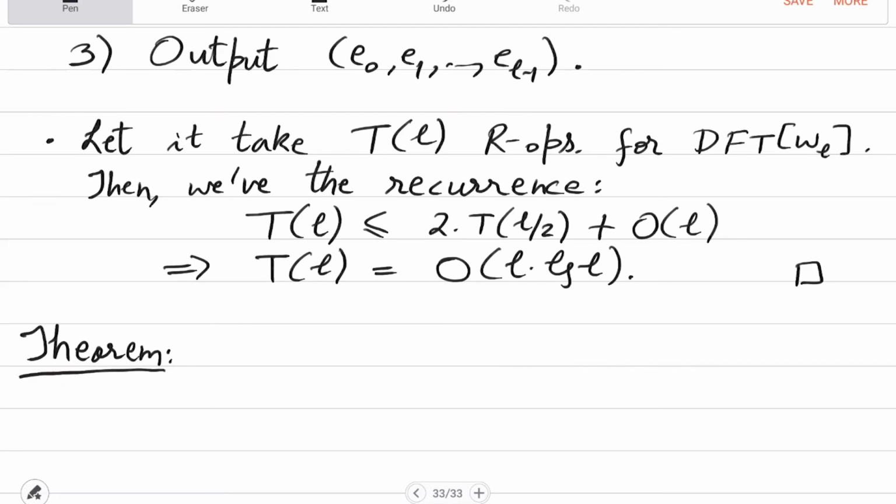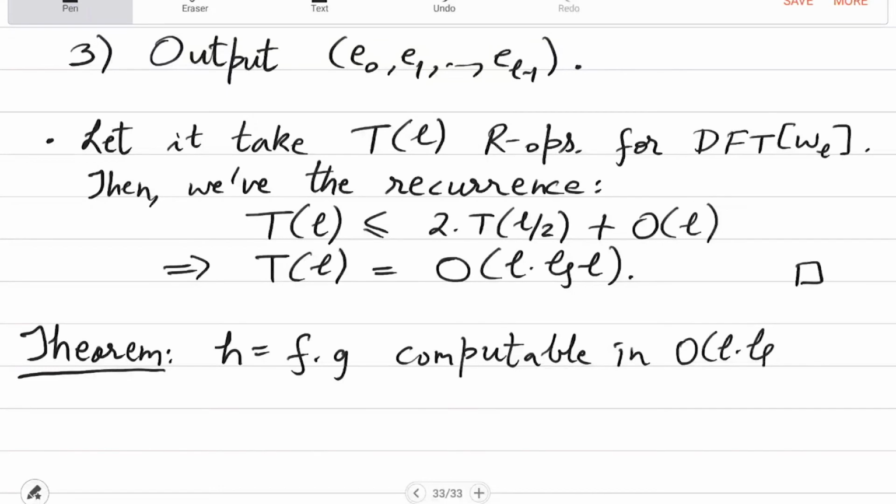So ultimately you would have multiplied polynomials. f times g is computable in L log L R operations. So the proof is just this sequence.